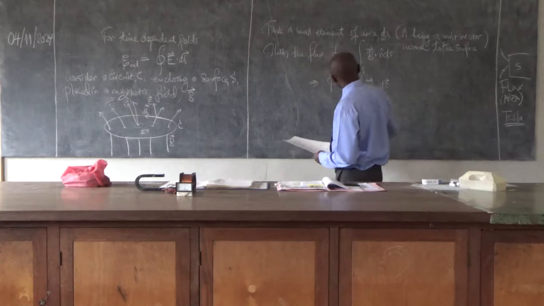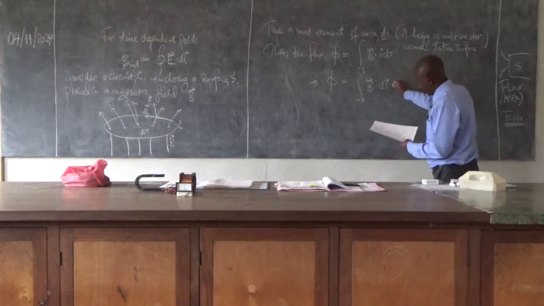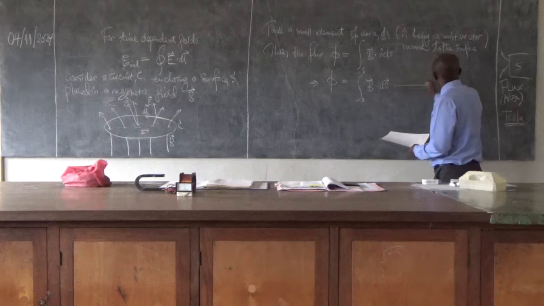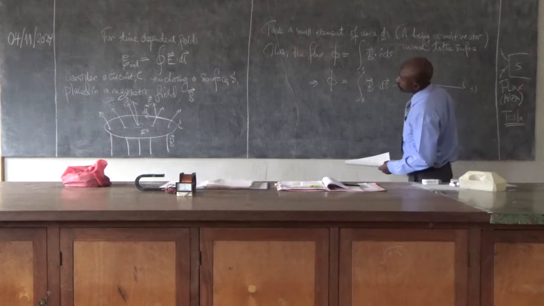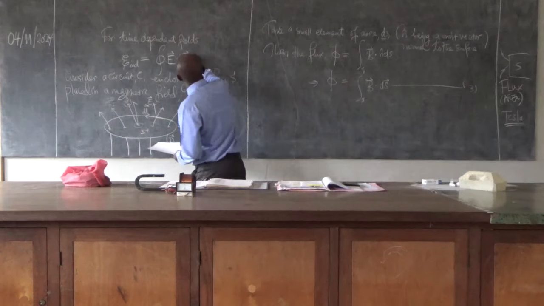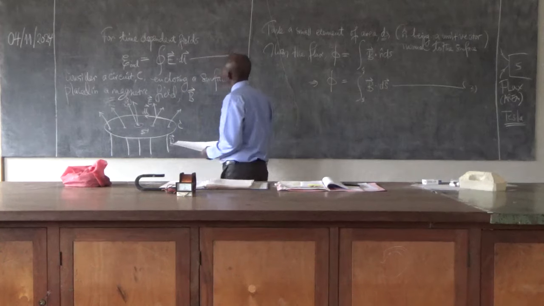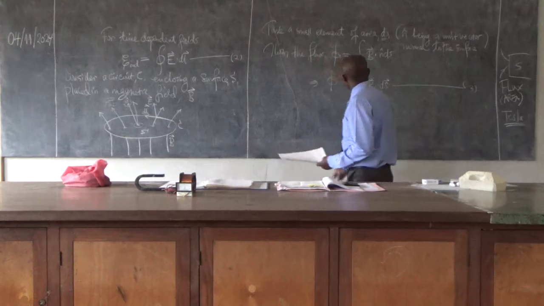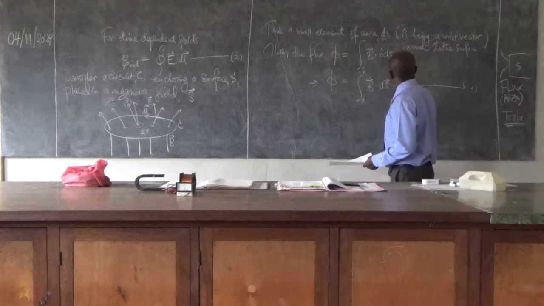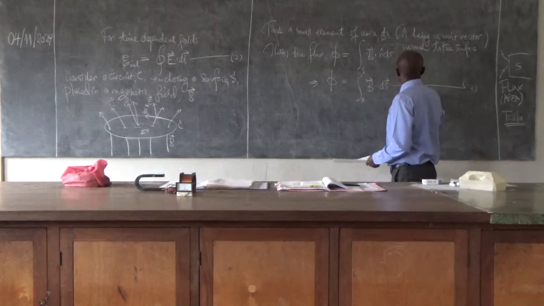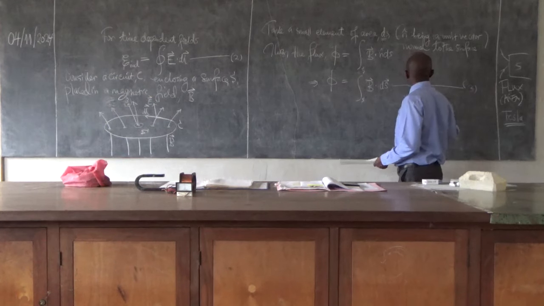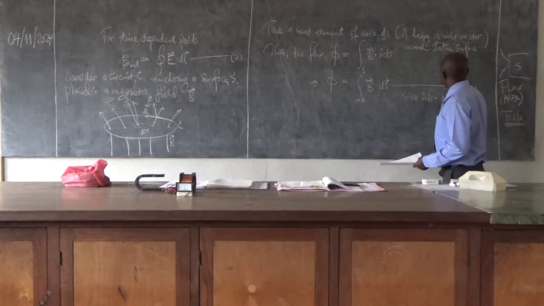So this is equation number 3, and this other equation should have been number 2. And this is so since n dS is equivalent to dS.